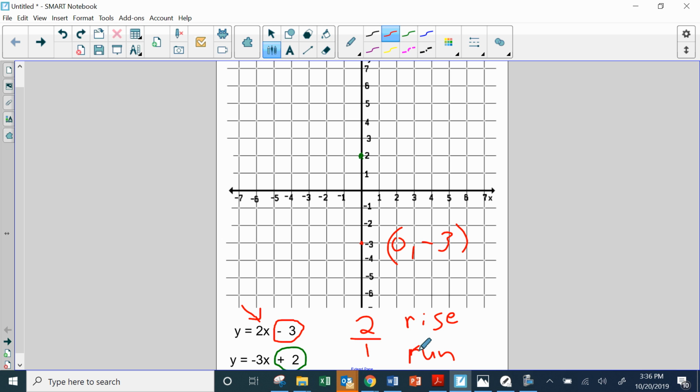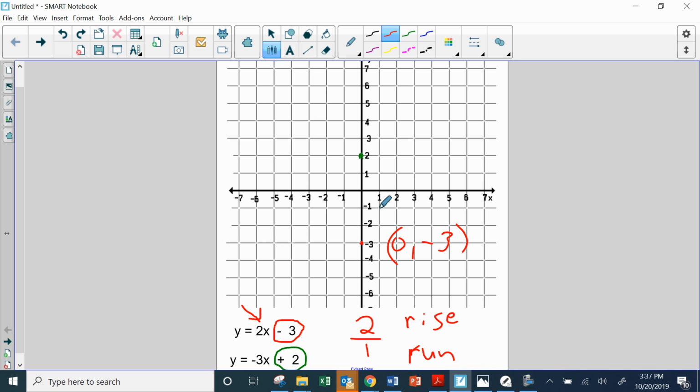Well, it's positive 2, so I need to go up 2. So I'm going to go from this dot right here, up 1, up 2, and then from there, I'm going to look at the bottom number, the 1, which is my run. Run means left and right. It's a positive 1, so I need to go to the right, and that's where I put the dot.